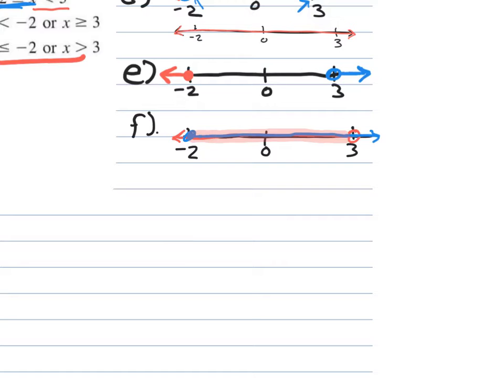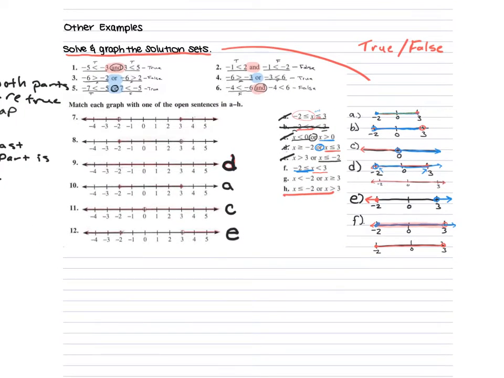Now there's not a filled in circle at 3 because they're not both there. So if I were to redraw this, it would look like this. Here's 3, here's 0, here's negative 2. So it's all the numbers from negative 2 all the way up to 3 with an open circle. Do I have any that look like that? I hear yes and no. 8. Okay, so 8 looks like F.